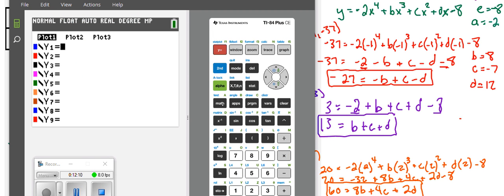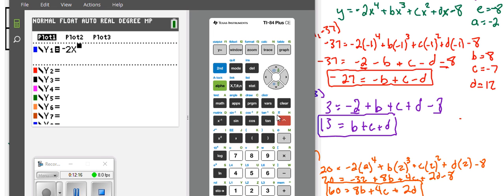It is -2x to the 4th plus 8x to the 3rd minus c is 7.